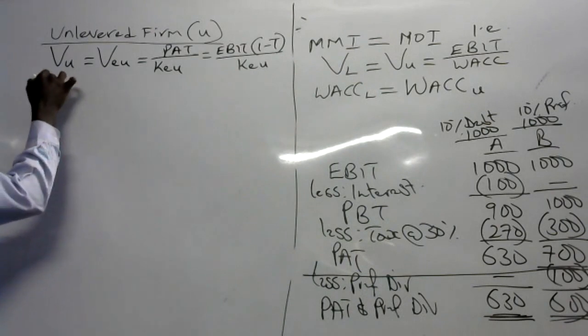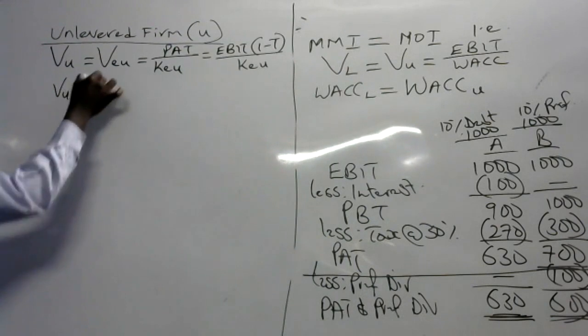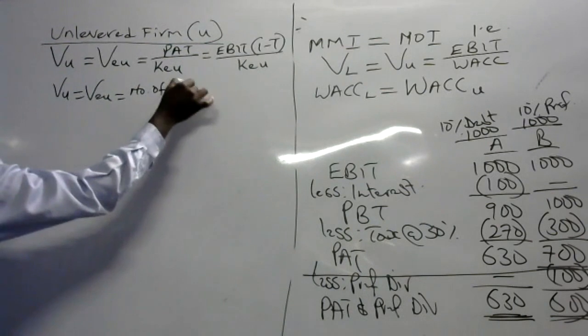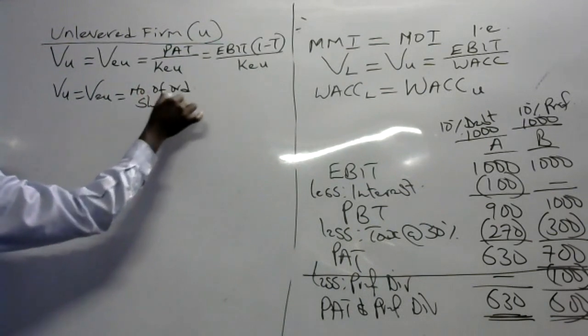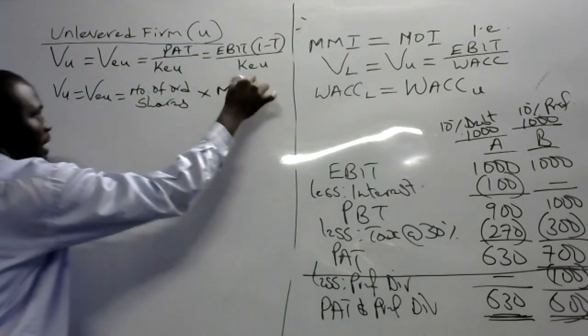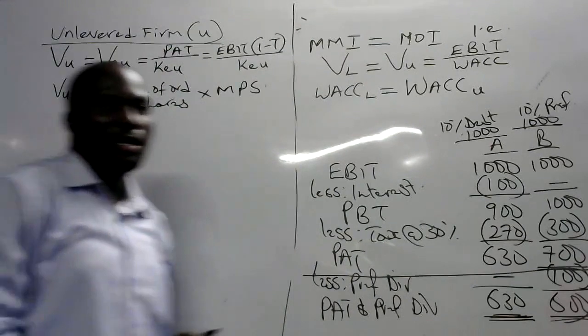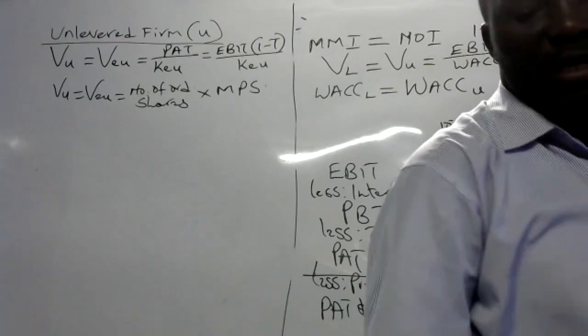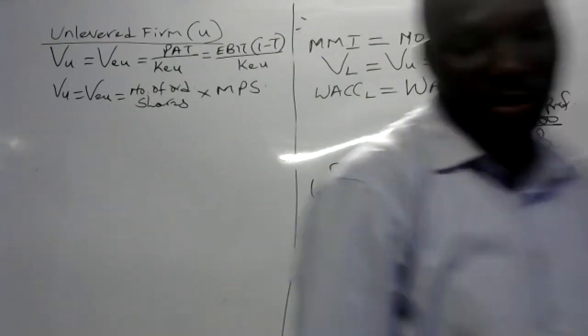I can also get the value of the unlevered firm, which is the value of equity, by taking the number of ordinary shares and multiplying by the market price per share. So I'll use either of the two options depending on information available.